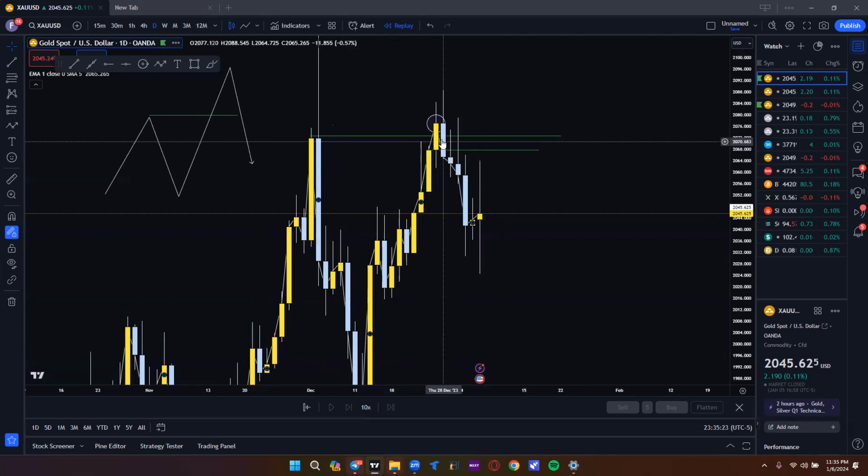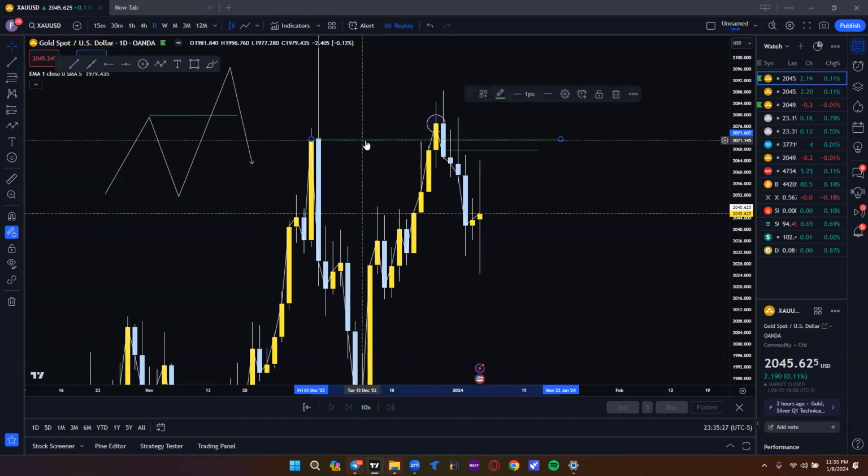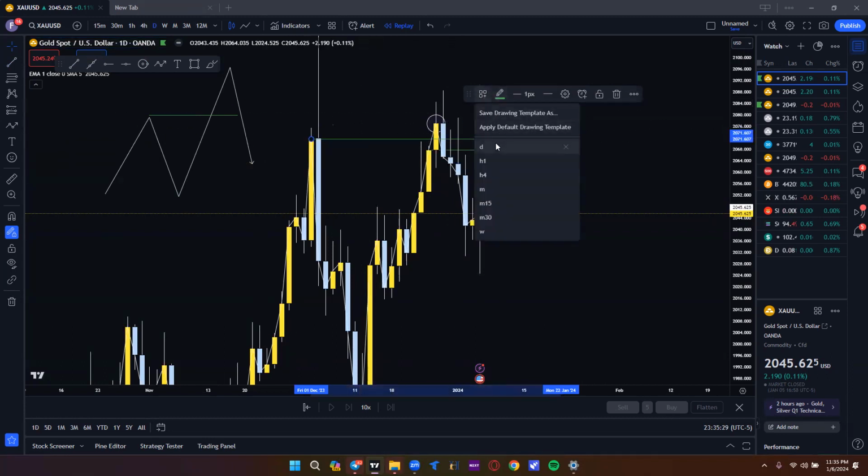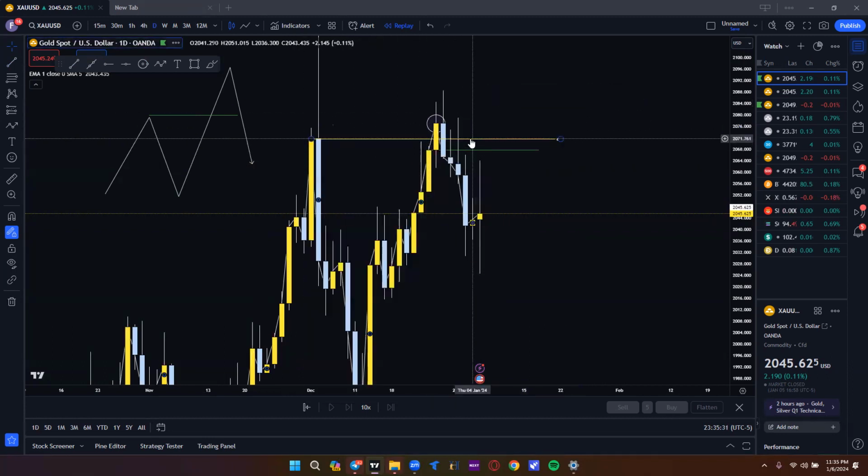Price closed below this level, and then it retested. But you can see this is the decision level here. Price made a decision, made an engulfing level, type 1, to close below this gap level, right?